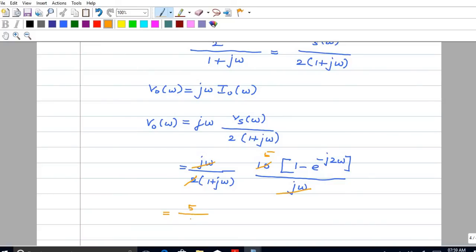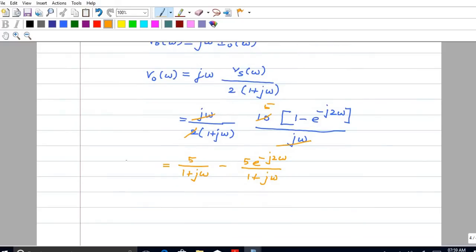So I will get 5 divided by 1 plus j omega first term, minus 5 e power minus j 2 omega divided by 1 plus j omega. We arrived at the final result.